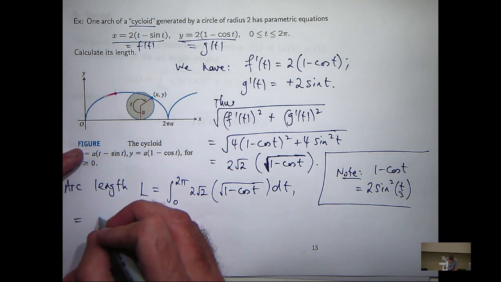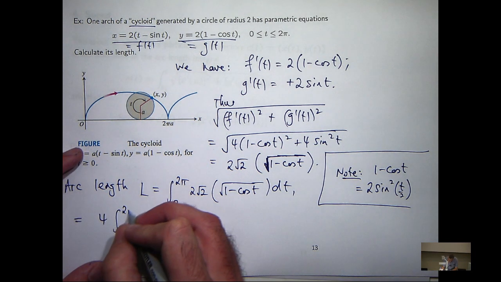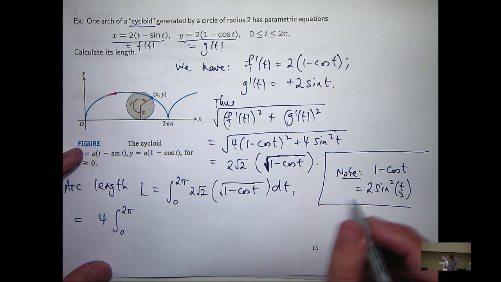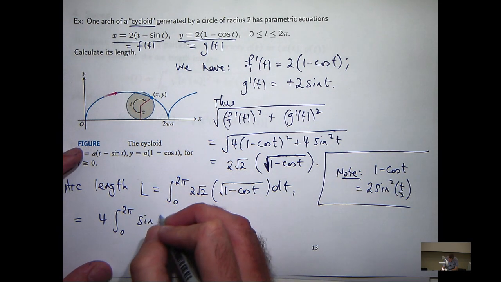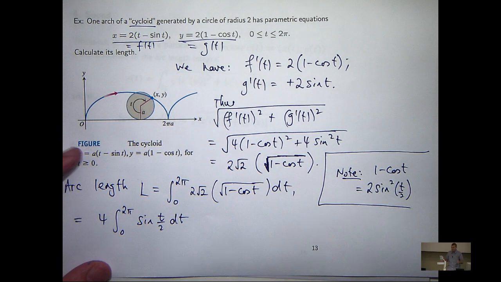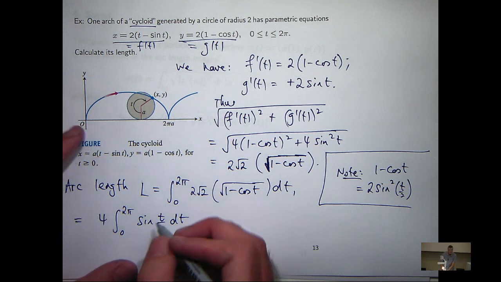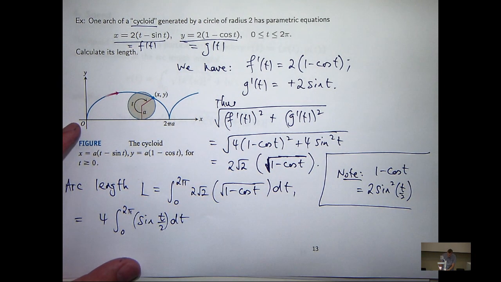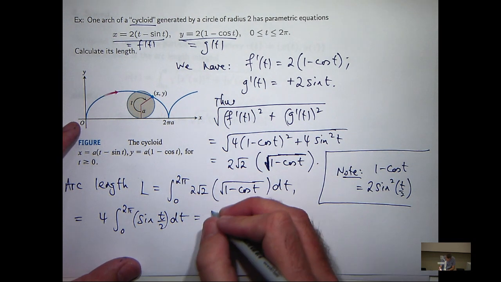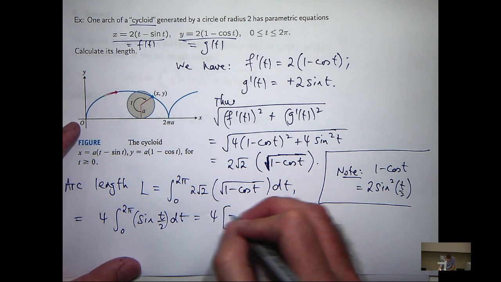So I'm going to pull out all the constants, replace that with sine dt. I don't need to worry about absolute values because the interval's okay for that. So all I need to do now is integrate sine of t on 2.